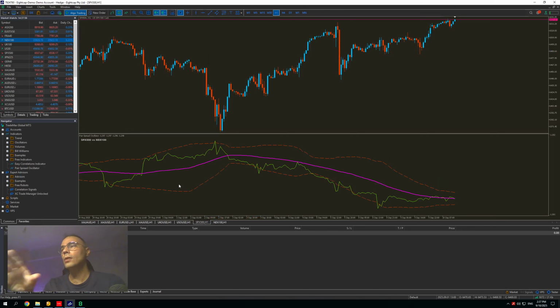So if you are more swing trading, let's say, if you open positions and you keep them open for a long period, this is useful information for you because you may want to buy the strongest at the moment. Or if you are shorting indices, you may want to short S&P 500.